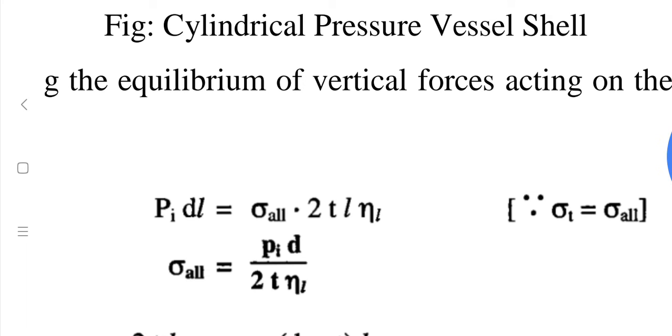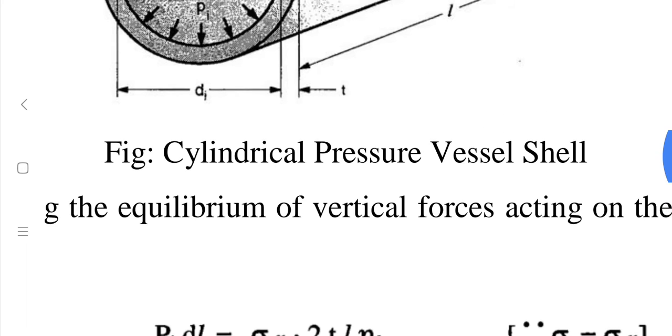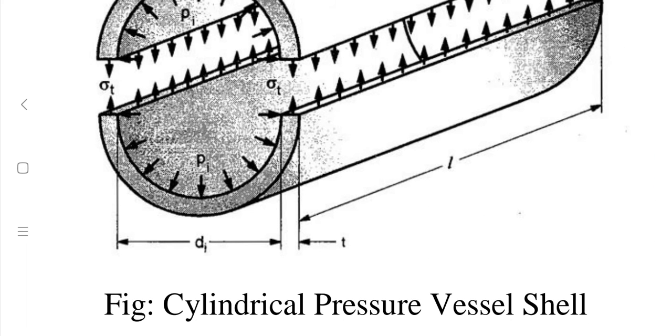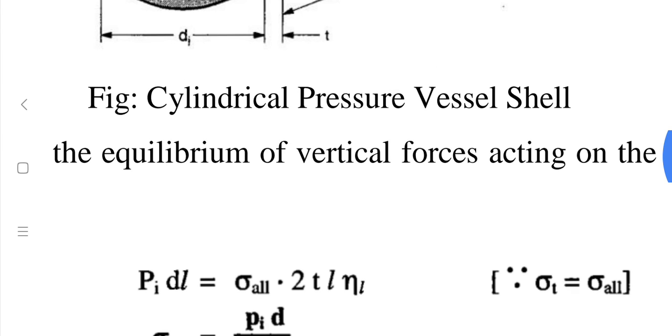Accordingly, we have sigma allowable into 2tL into eta L, where sigma allowable is allowable stress and 2tL is the area upon which the stress is exerted. 2 times is considered because we have two surfaces. Accordingly, we have the area 2t into L, where t is thickness, L is the length.